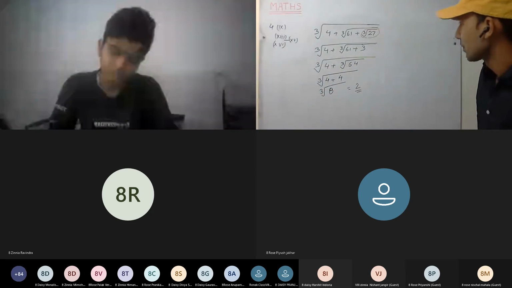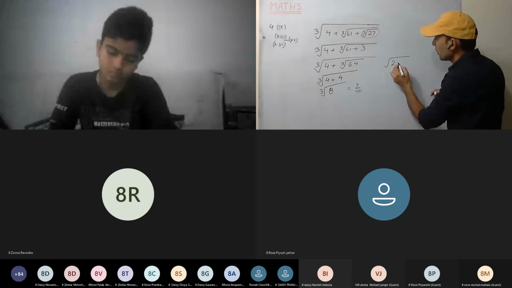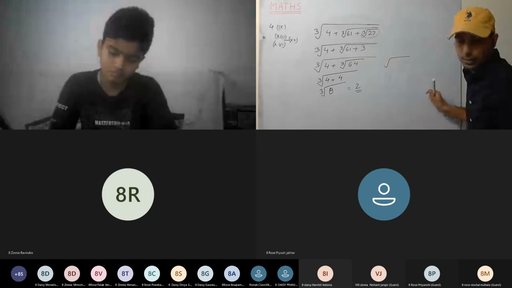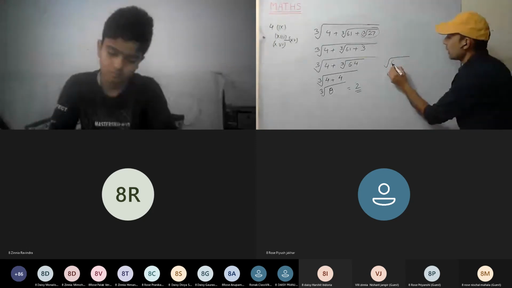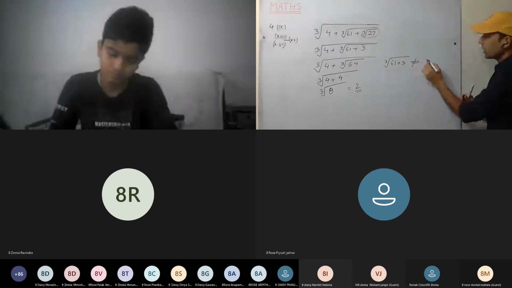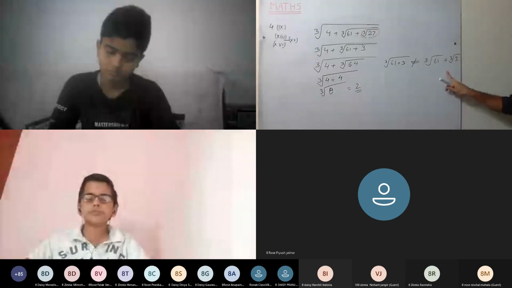Is this clear? And remember one thing. The cube root of 61 plus 3 is not equal to the cube root of 61 plus the cube root of 3. Always remember this.